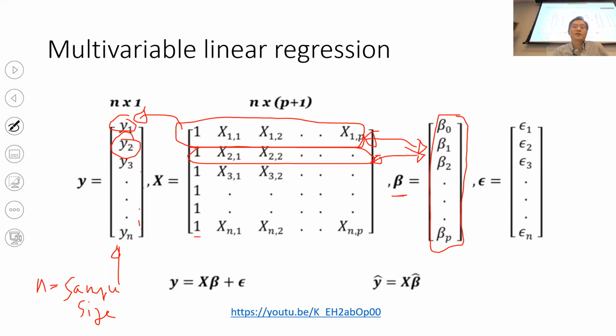And in the first column, this beta is the intercept, it will not change. So you don't have to write each sample point out one by one as an independent equation. You can just use the matrix X multiplied by the beta vector, and then you have the prediction of Y.